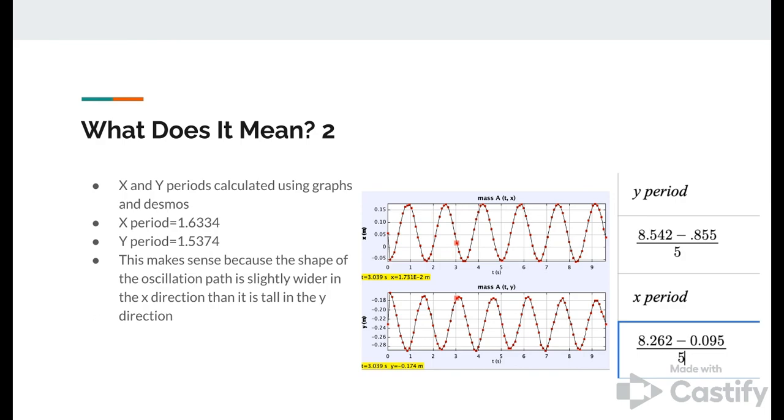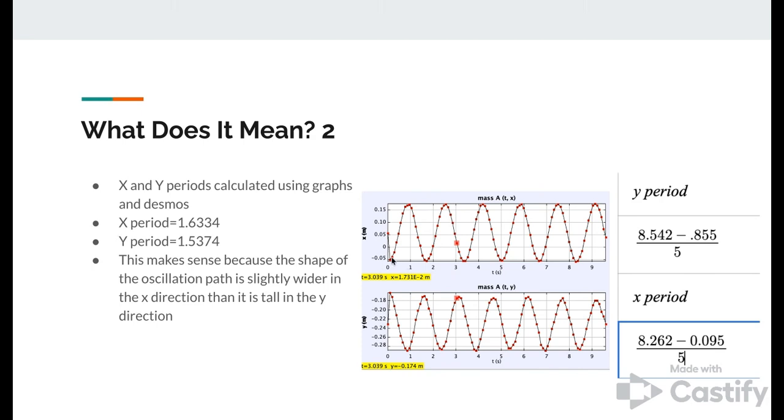Then this is the second one. Using the graphs and Desmos, I calculated the periods. The video is set to take the average of the periods. I did the last lowest point minus the first lowest point, and divided by the number of times the system reached the lowest point in its trajectory.